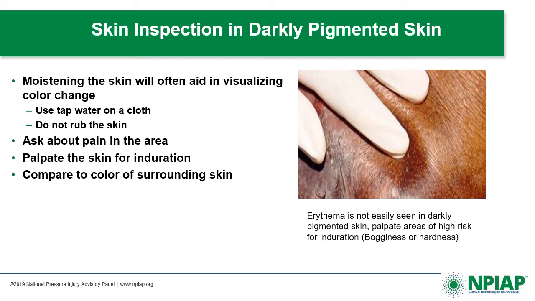And so when you palpate surrounding skin, you're going to find the normal palpation, and then you're going to come across this bony area, and it's going to be quite hard in the skin, obviously not to the bone. Then you want to compare the skin of the color to surrounding skin. So is there been a change in the color that you can see by looking at surrounding skin?